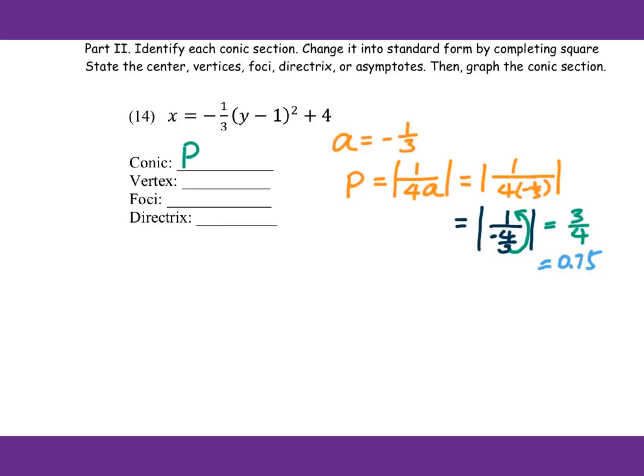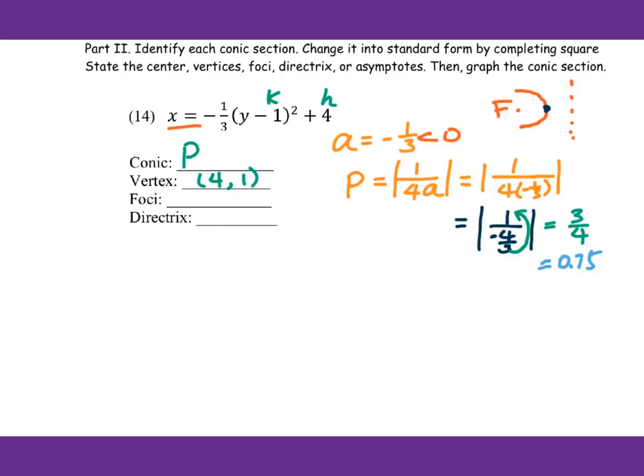This is a parabola. Vertex (h, k). K is a linear, so we get the (4, 1). For x equals, then A is less than 0, means graph will be like this. This will be directrix. Here's a F. This part is a vertex.